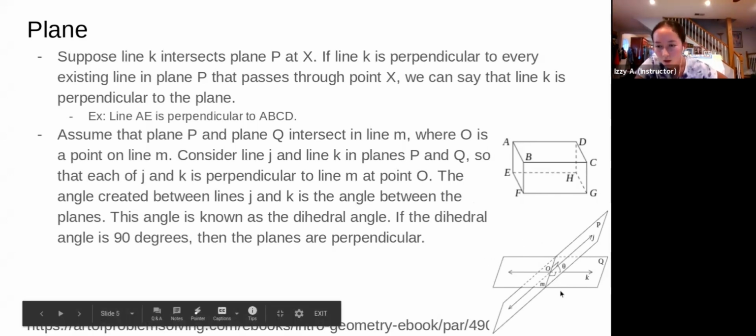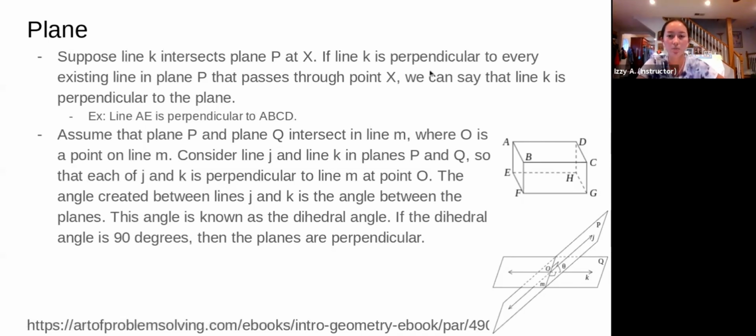In this case, line K is right here and plane P is right there, and X would be O, which is right there, the intersection. If line K is perpendicular to every existing line in plane P that passes through point X, we can say that line K is perpendicular to the plane.